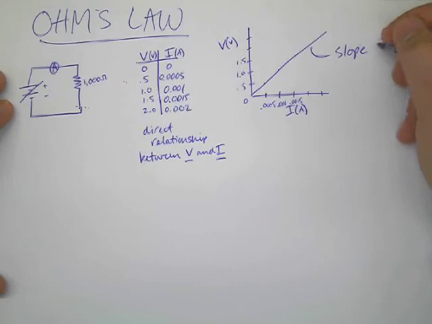We would get rise over run, which in this case is my change in voltage between 2 points divided by my change in current.